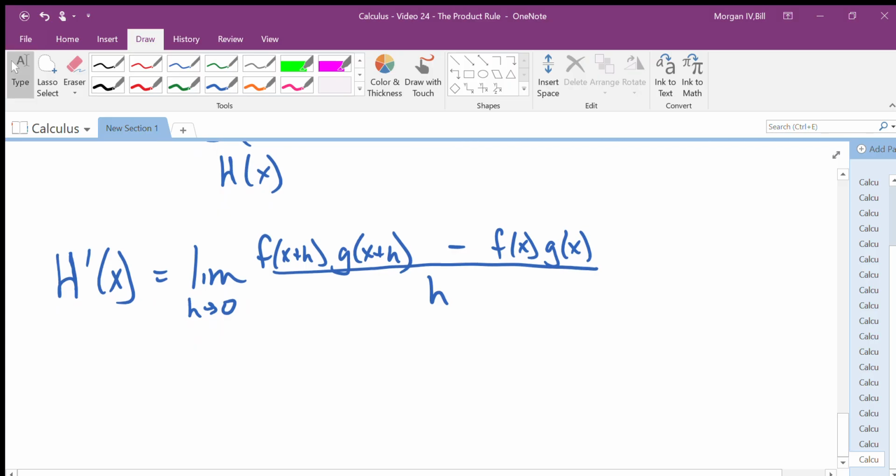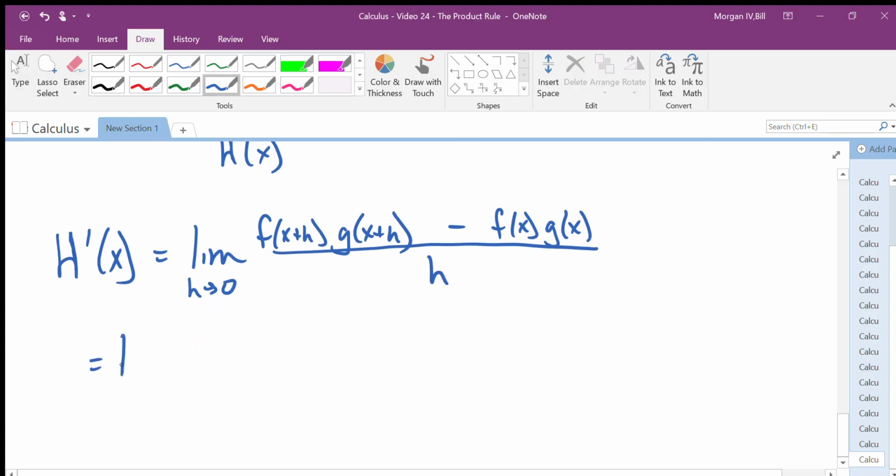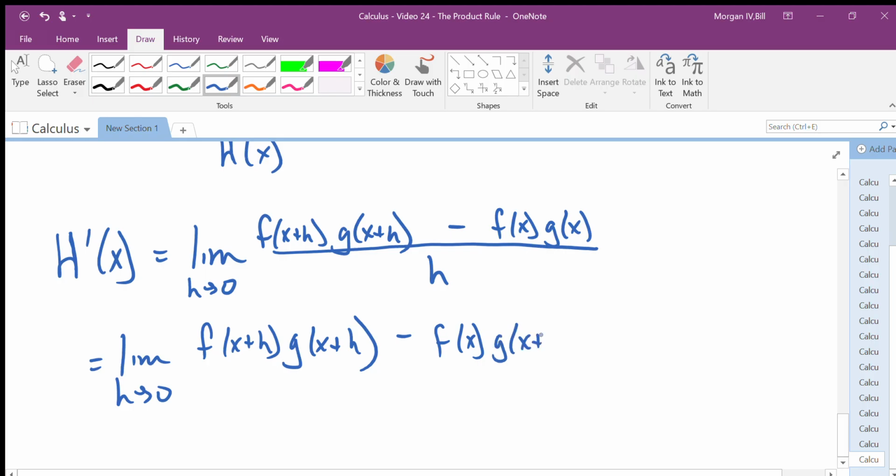In this case, this is equal to the limit as h goes to 0 of f of x plus h, g of x plus h, minus, we're going to subtract first, minus f of x times g of x plus h. This term, you might not have come up with on your own. Then we're going to add the exact same term, f of x times g of x plus h.